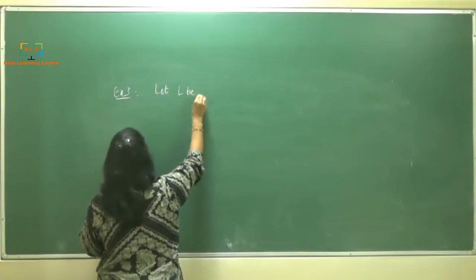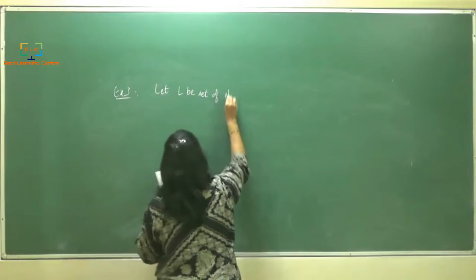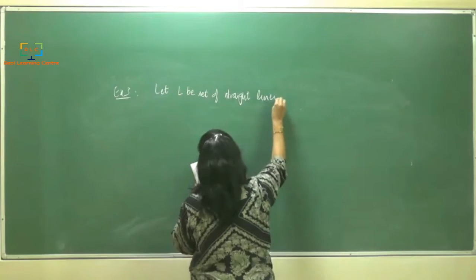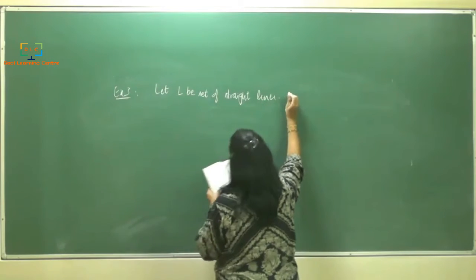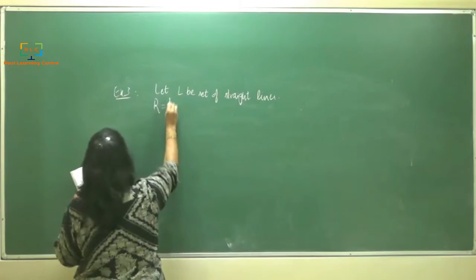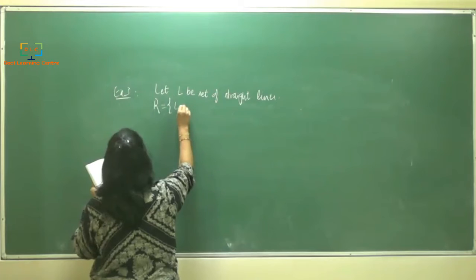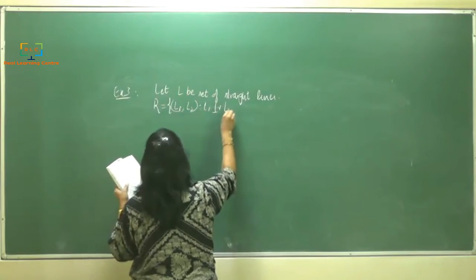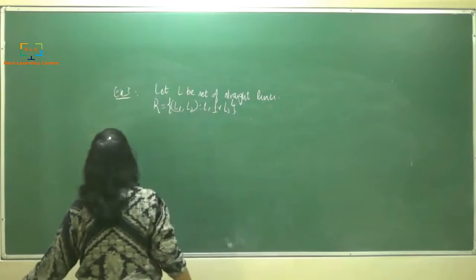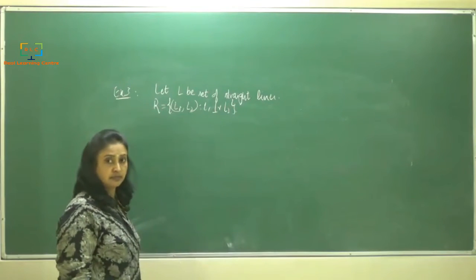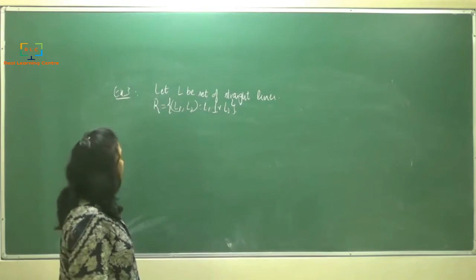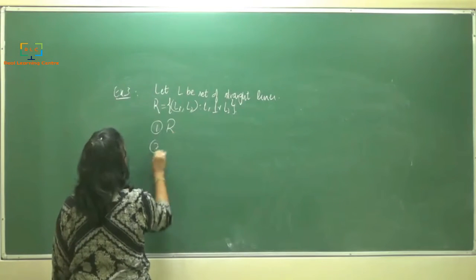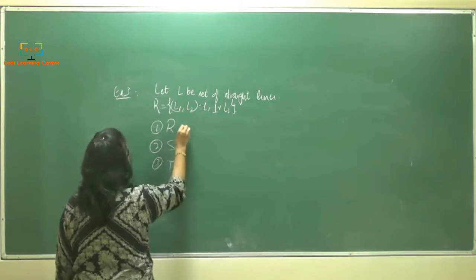Let L be the set of straight lines, and R is equal to, I shall not complete the question, I will write directly, L1 comma L2 such that L1 is perpendicular to L2. Verify if it is symmetric, reflexive and transitive or not. Let us see. The first one reflexive, second one symmetric, third transitive. Quickly let us finish.